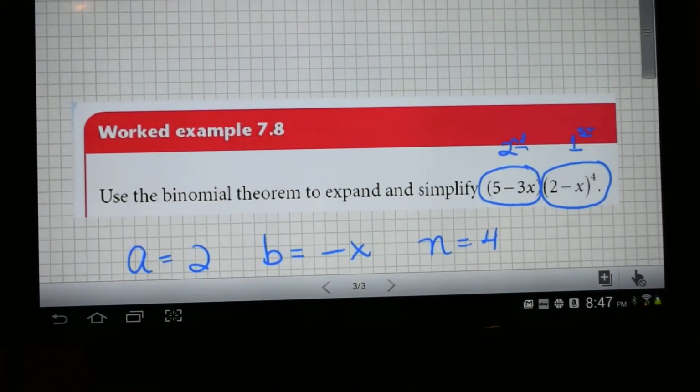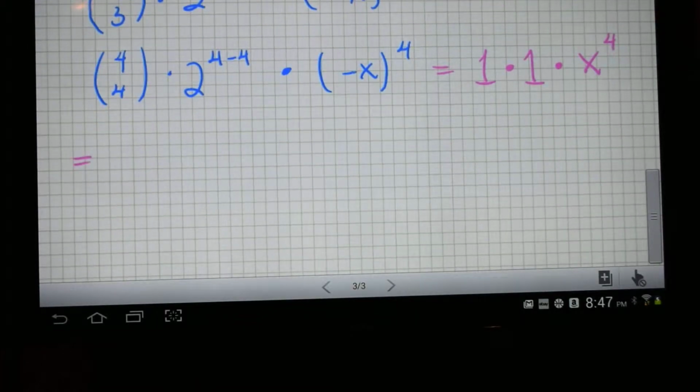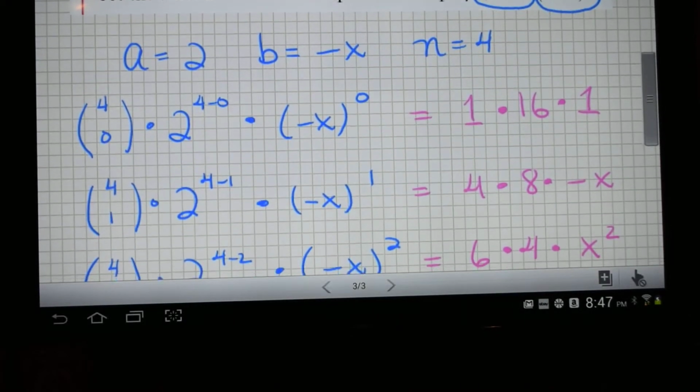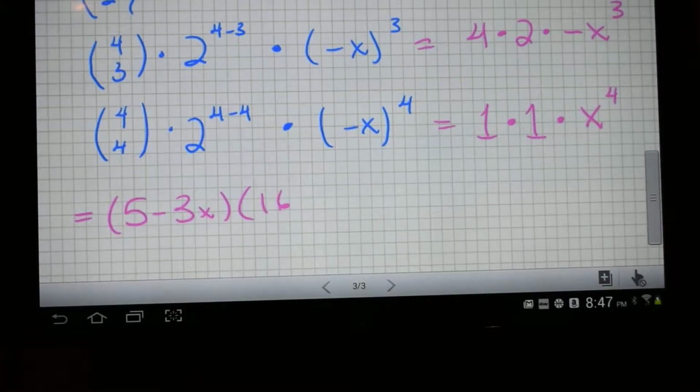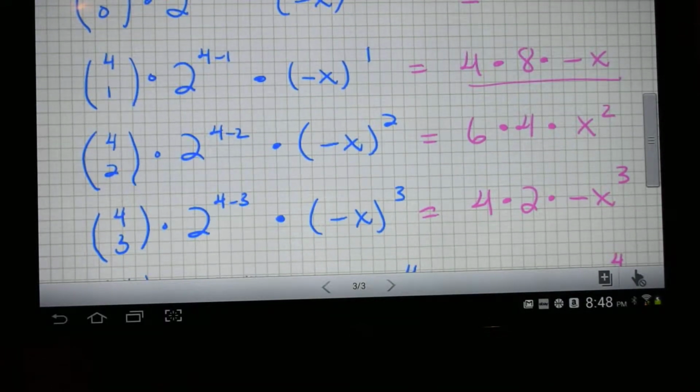Now I'm going to go ahead and write the second part, so 5 minus 3x. And it's times all of those terms, so let me simplify it. The first term is 16. Second term is negative 32x.